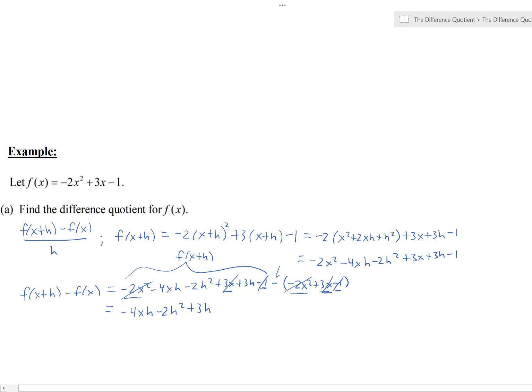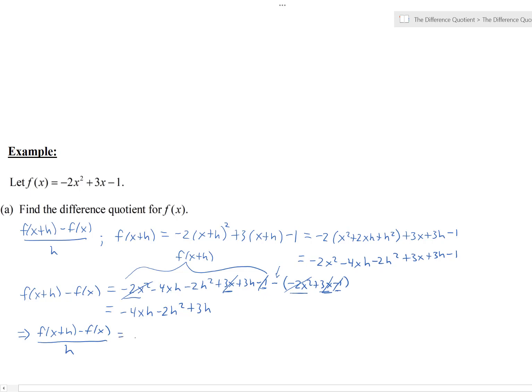So most of the difference quotient computation is finished. One last thing we're going to do is take that f of x plus h minus f of x, which we just found above, and divide it by h, assuming that h is non-zero.